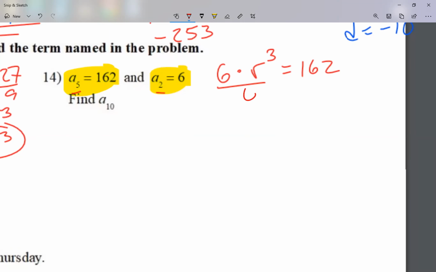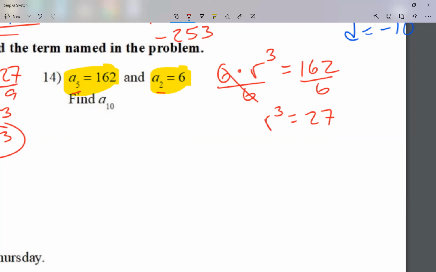Okay, let me divide this by 6. So r to the 3rd is equal to, now 162 divided by 6 is 27. Now I want to know which number multiplied by itself 3 times equals 27. I'm not going to divide by 3, okay?